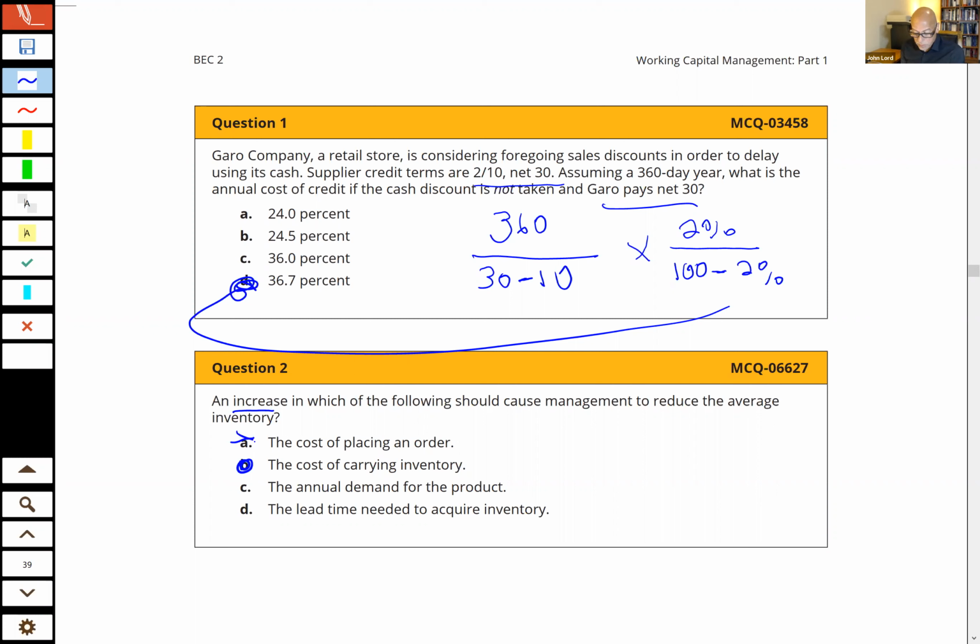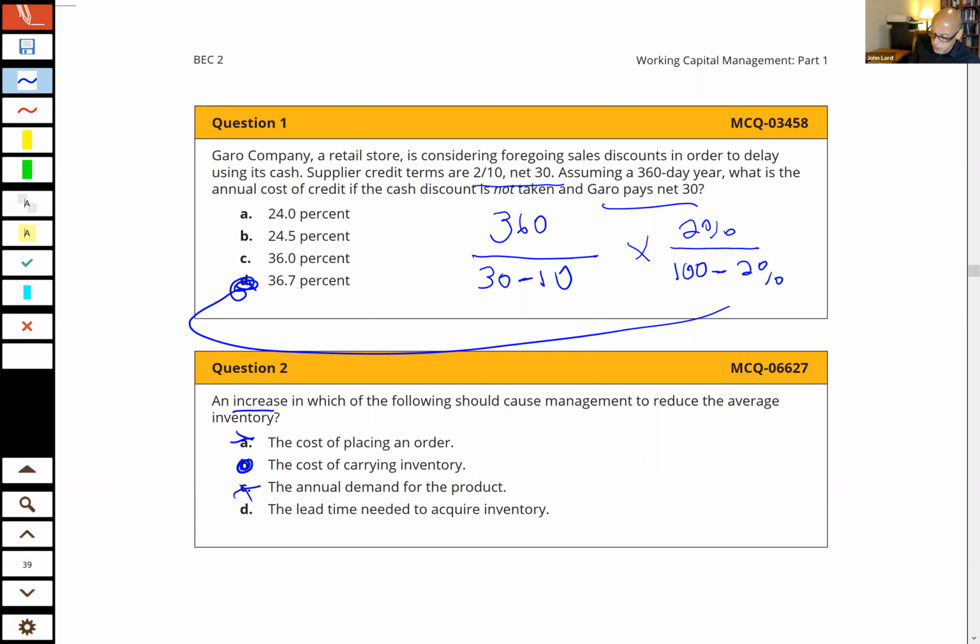The cost of carrying the inventory, yeah, an increase in the cost is going to mean we want to carry smaller levels of inventory to avoid things like obsolescence, shrinkage of the inventory through theft, that sort of stuff, right? The annual demand for the product, the more demand, the more we're going to want to have the inventory so we don't incur stock out costs.